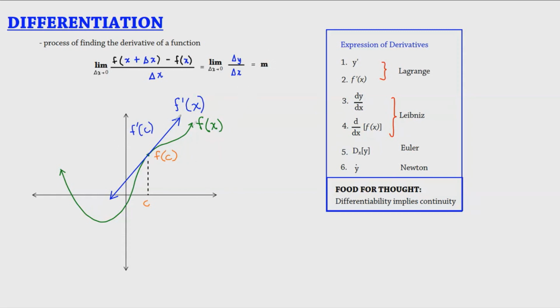And with that, it can be concluded that differentiability implies continuity. So that's our food for thought. Before we proceed with all the rules, let's remember that when a certain function is differentiable at a certain value of c or a or whatever inside an interval ab, for all the points inside a continuous function, it implies that if you can determine a derivative of that function at a certain value along the domain of that function, then you'll be getting a continuous function at that certain point.